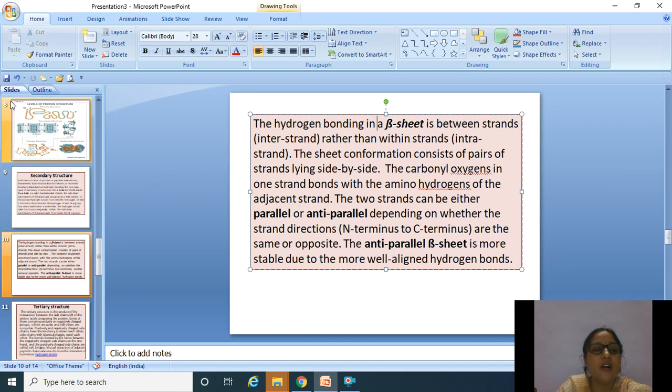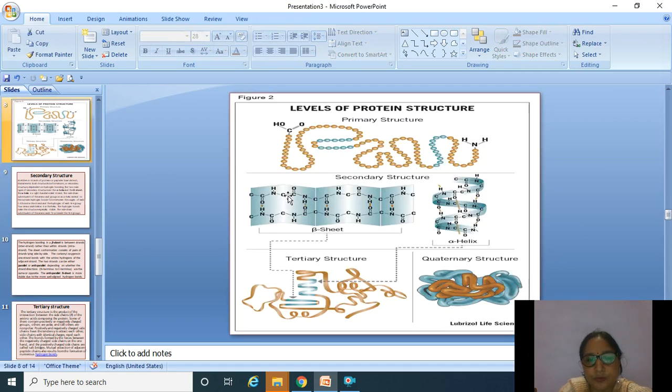How is this formed? Look at here. This is one strand, one polypeptide chain, and this is another polypeptide chain. This is the first strand and this is the second strand, and the carbonyl oxygen of the first strand interacts with the hydrogen of the N of the second strand.